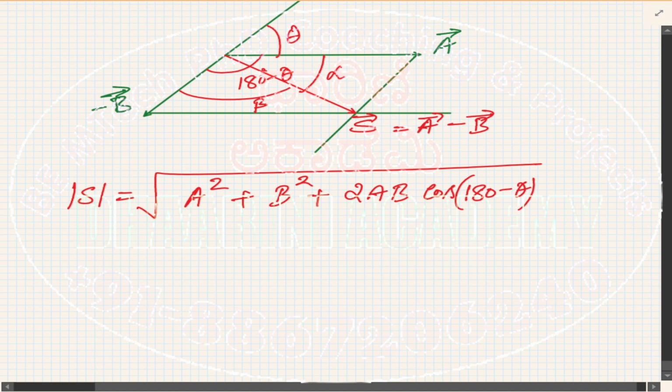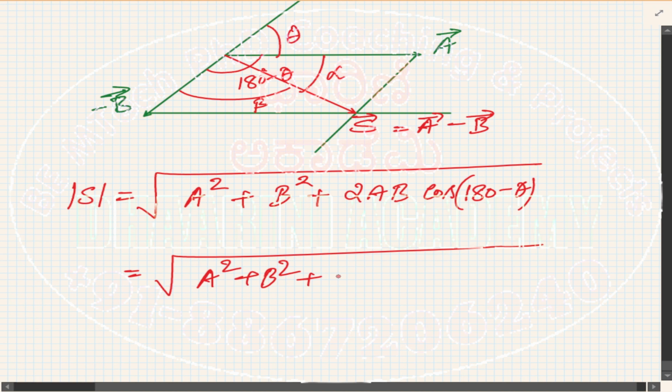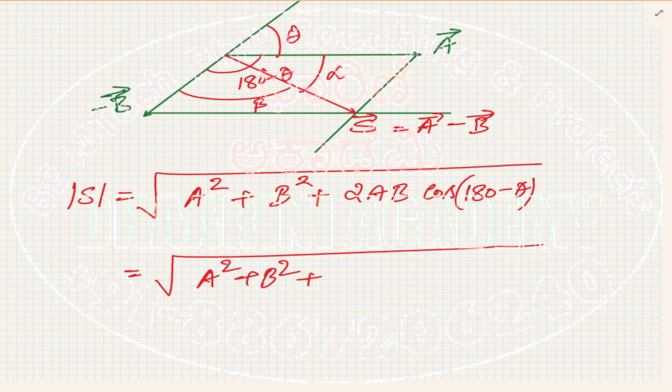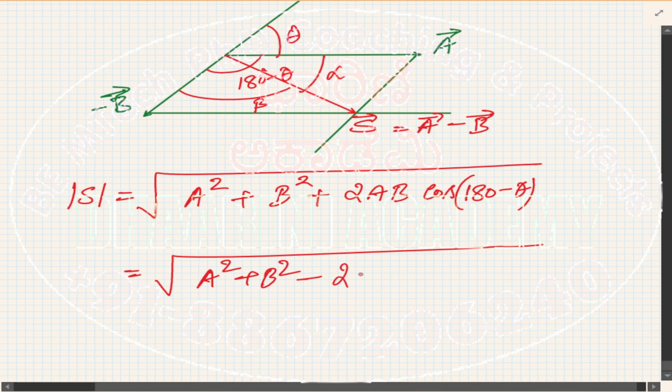That's the only difference. Cos of 180 minus theta is minus cos theta. So this is root of A squared plus B squared, not plus, this is minus 2AB cos theta, the magnitude of the difference.